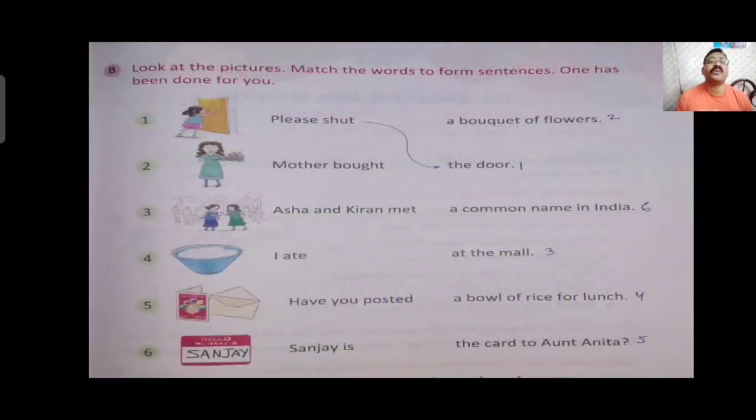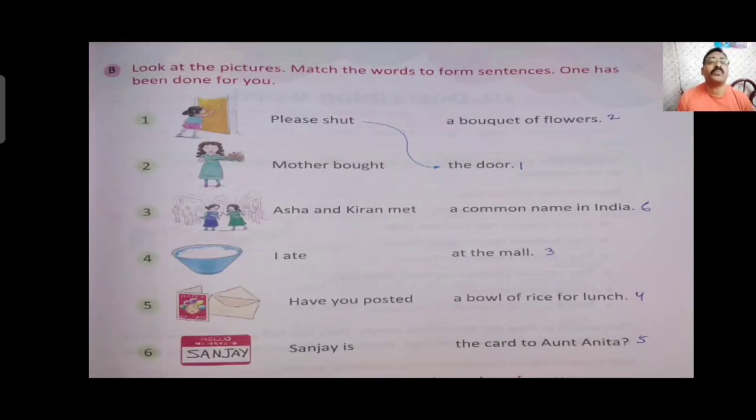In case of B, you have to match. You can see, please shut the door. Mother bought a bouquet of flowers. Asha and Kiran met at the mall. Then, I ate a bowl of rice for lunch.